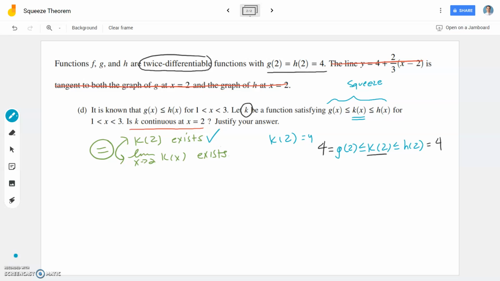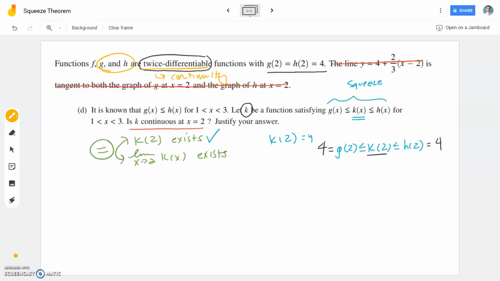The second condition takes a little bit more of a leap to get to. We need to address whether or not the limit as x approaches 2 of k of x exists. For that, we're going to have to go back and analyze this statement right here. What does it mean for a function to be twice differentiable? Well, differentiability implies continuity. And so if g and h are both differentiable, then they are also both continuous.